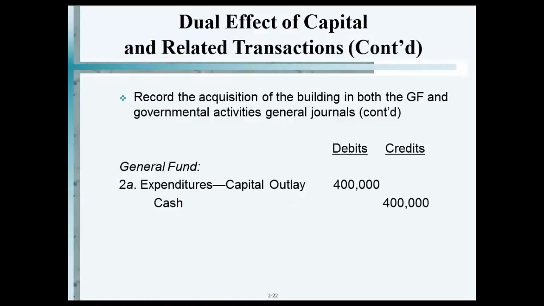And this is what really blows people out because you've expenditures, you go out and acquire an asset, but instead of debiting an asset, you are debiting an expenditure, which is called capital outlay. And you might say, why is this all happening? The easiest way to understand this is to put yourself into the picture. Think of your own checkbook.